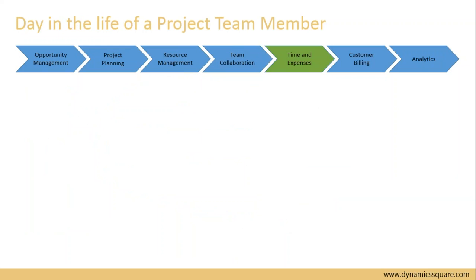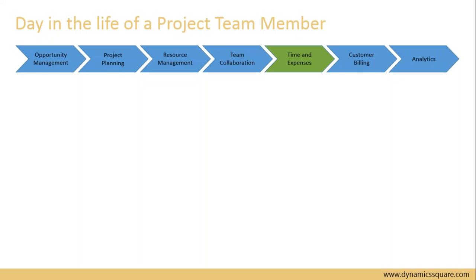Time and expenses. Now, normally time and expenses are captured by a project team member while completing the tasks that have been assigned to him or her for a project. Once the project tasks have been completed, they also have to capture their timesheet entries. Project service automation enables exactly that for a project team member.